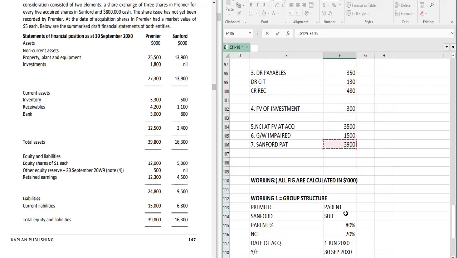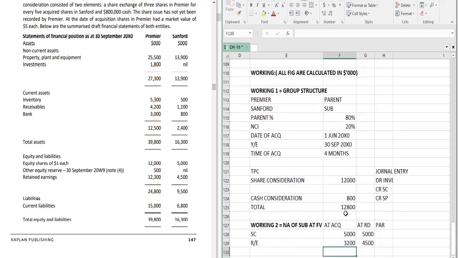Here we have the profit after tax of the subsidiary, and we will multiply it by 4 divided by 12. So we got 3200.